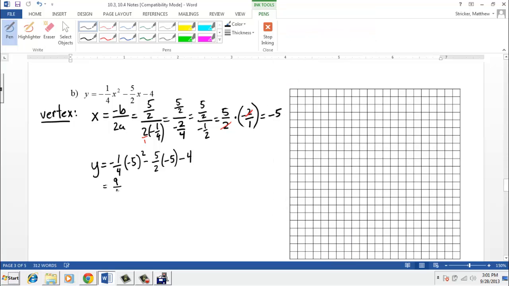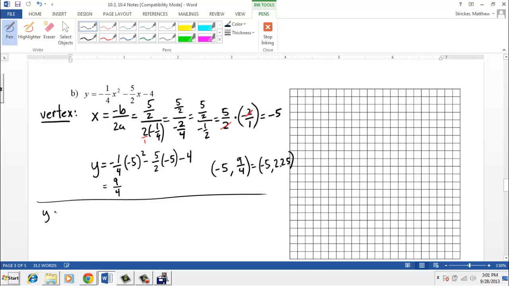Or you could work this out by hand too. But we ended up getting then that our vertex is the point negative 5, 9/4, which is about negative 5, 2.25. Okay, so there's the vertex.